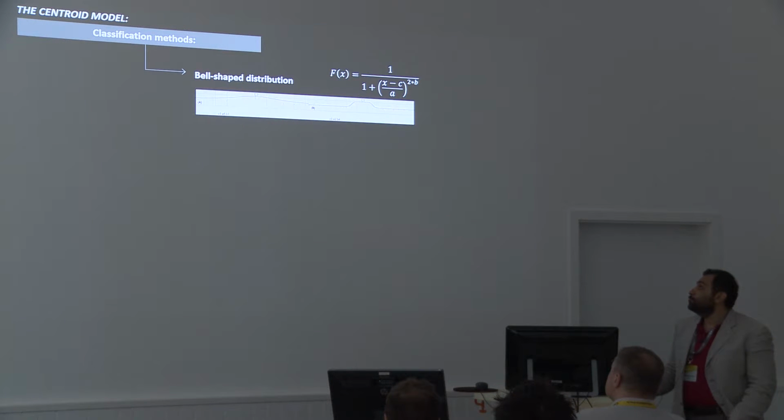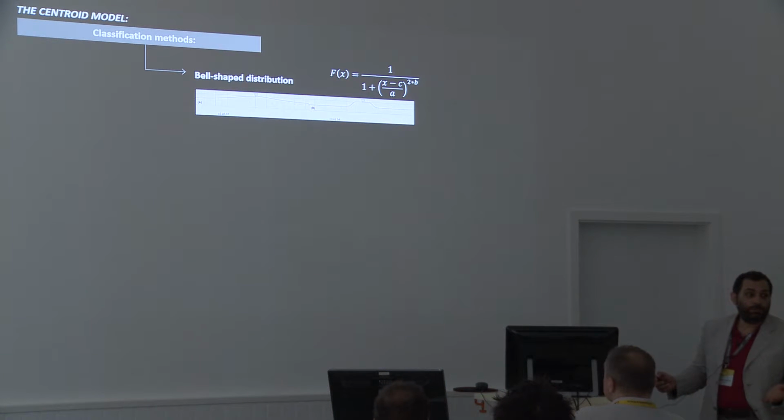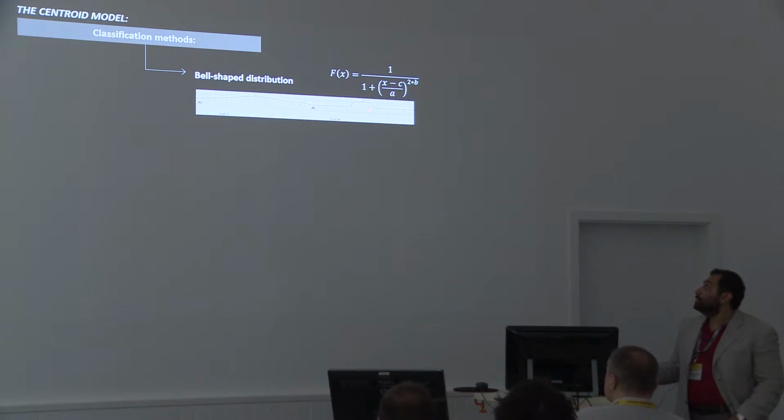In more detail, the first classification method is the bell-shaped classification distribution. It's based on a simple equation, and the beauty of this simple equation is that it may produce different forms. It may produce something that resembles a skewed distribution or the normal distribution, or other forms like flatness in the crown of the distribution.